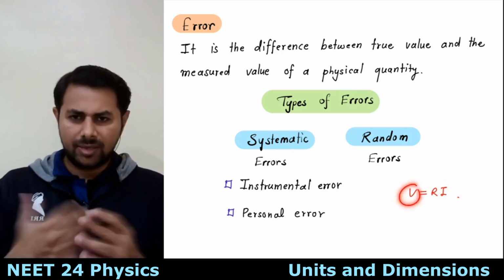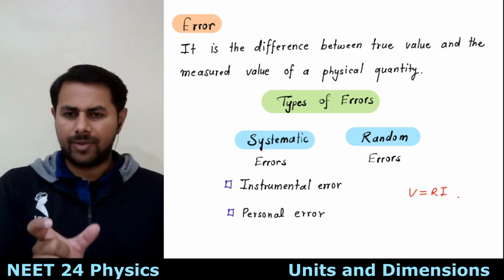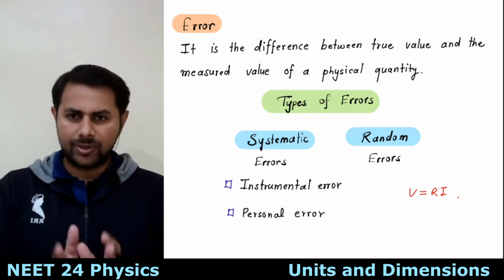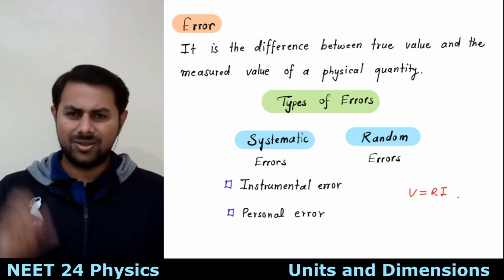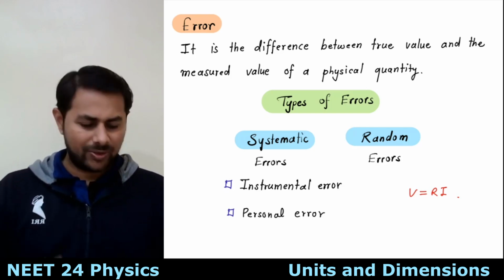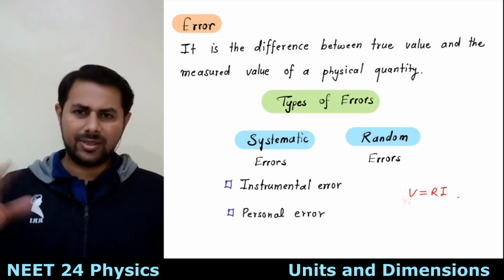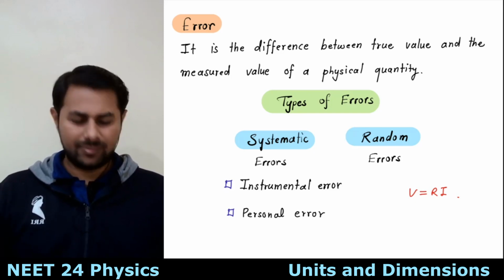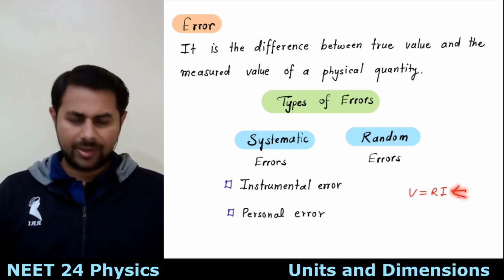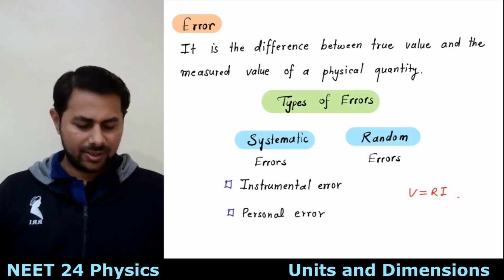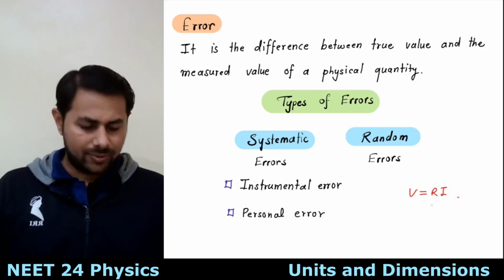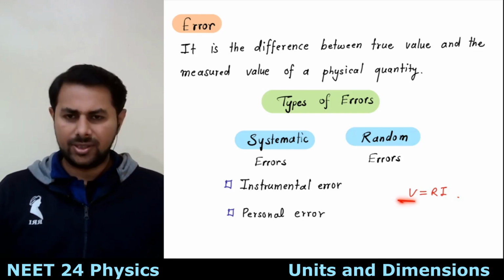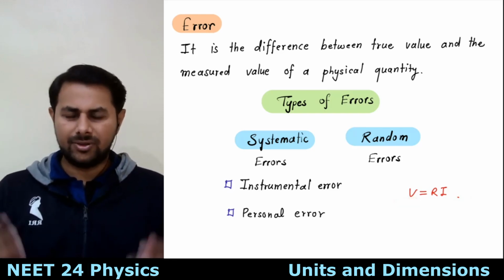You have applied some voltage and according to you the applied voltage is constant, but suppose all of a sudden there is some fluctuation. Then the current will change and you will not know that there is a change in voltage. So this is happening randomly. It's not in your hand.